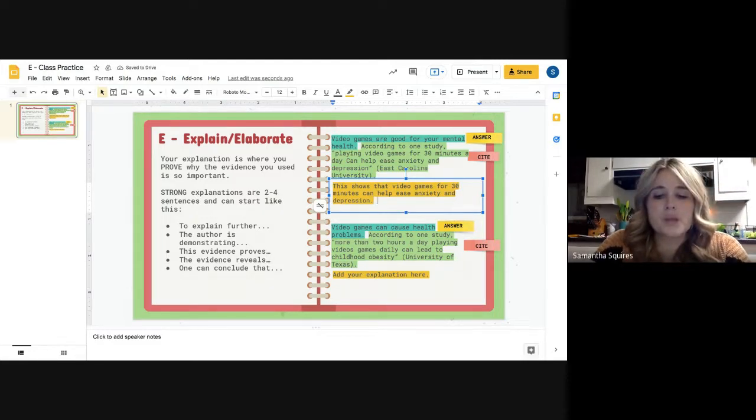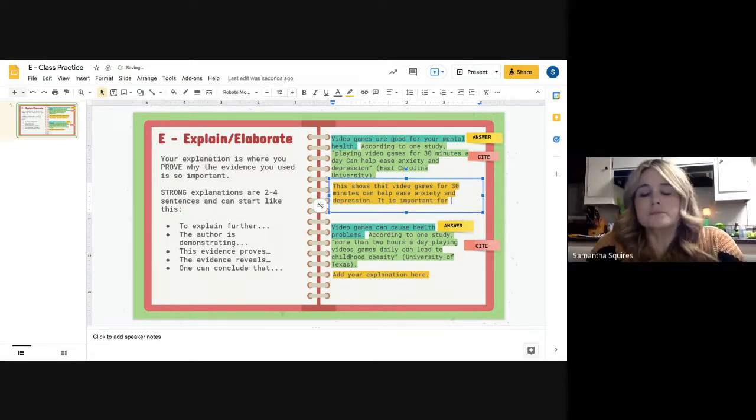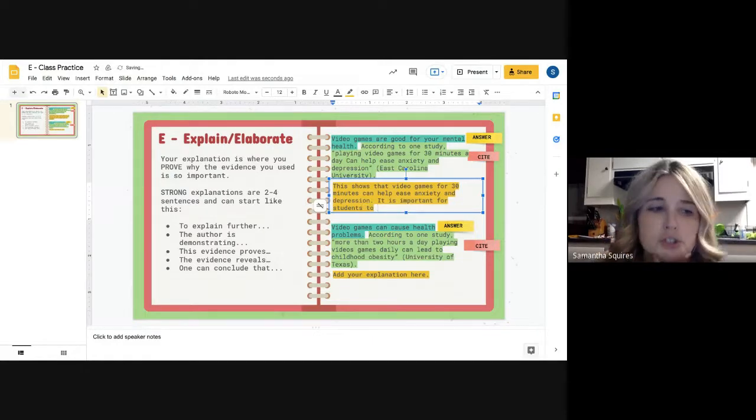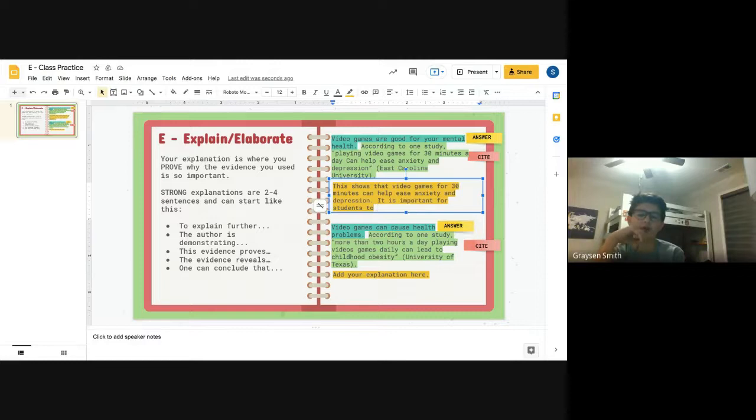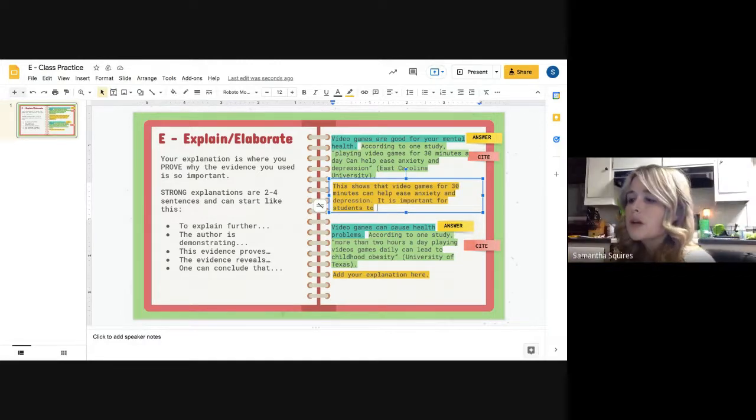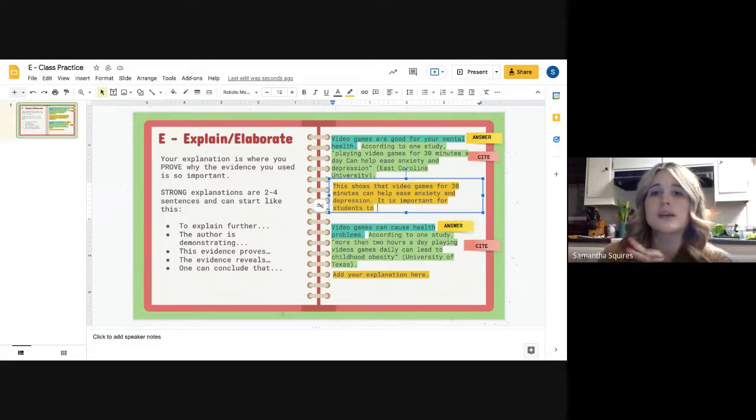It is important for students to, what's it important for students to do? Play video games for 30 minutes. What about is it important for you guys to relax for a little bit or have some downtime? Yeah.